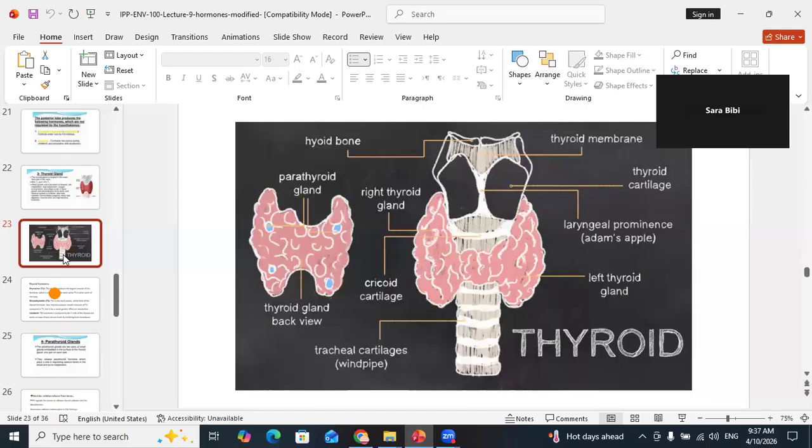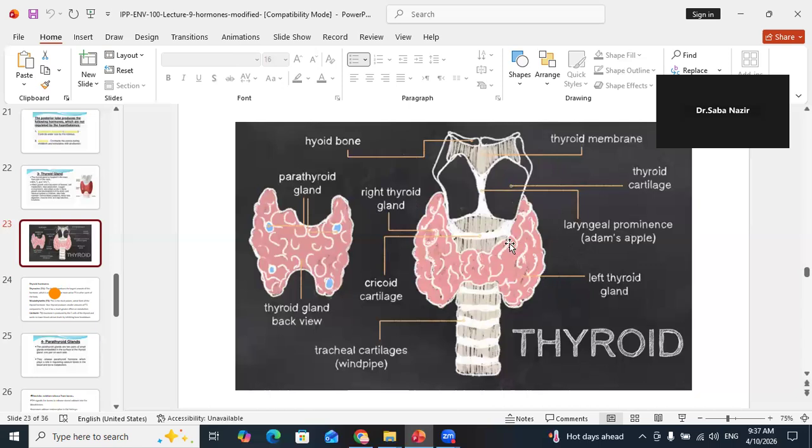Okay. So sometimes you ask how such complicated diagrams will be included. From a glance point of view, we are showing you the diagram to know how they look and what their position is. This information is sufficient. All the labeling is not important. What is important is the thyroid gland location. This is the trachea. This is our respiratory tract. At the base of the neck, there's a butterfly-like structure.